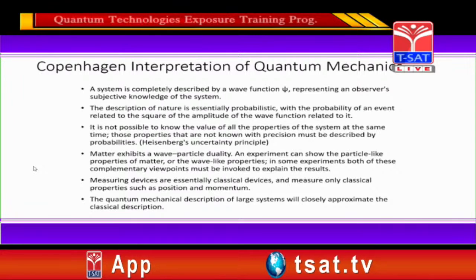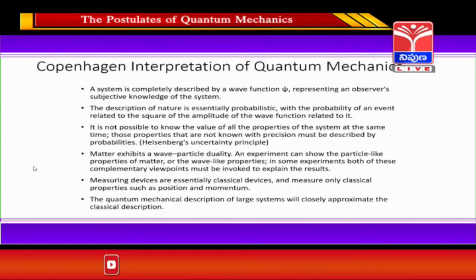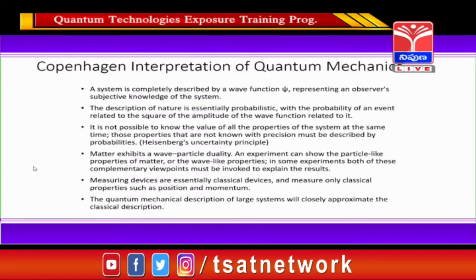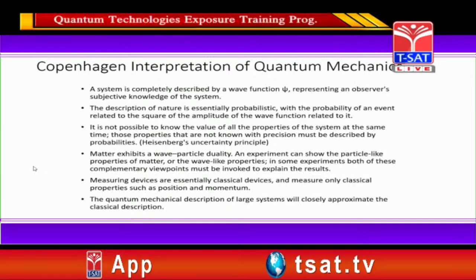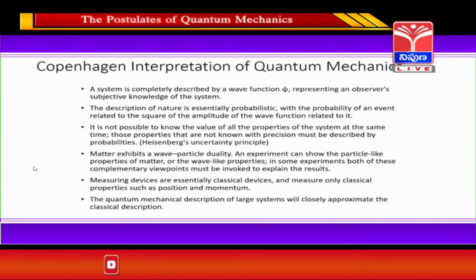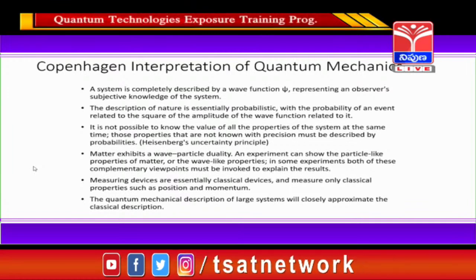Now, measuring devices, what is that? The measurements or observables, which give us the classically understandable properties of a quantum particle, like momentum, position, energy, are associated with operators. These operators are Hermitian operators.